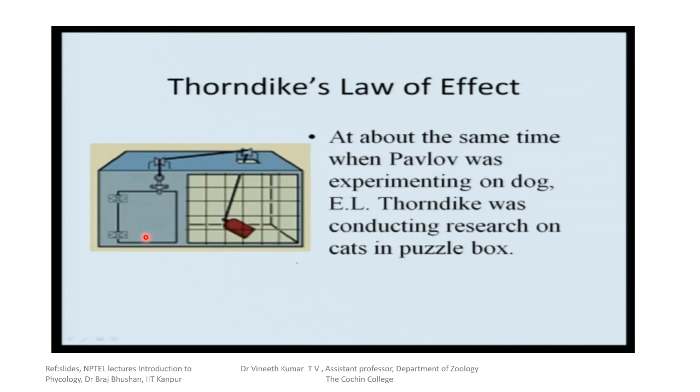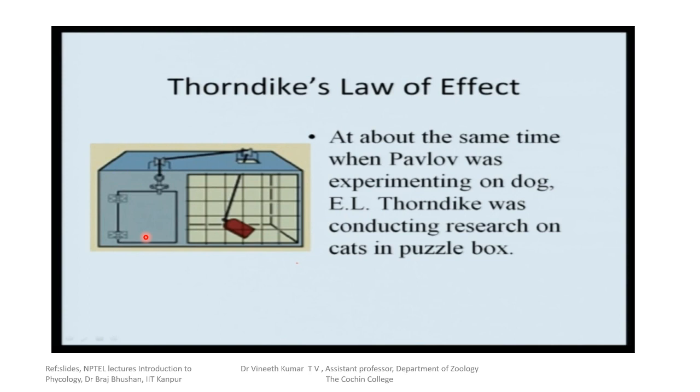This was repeated many times. Thorndike observed that after one, two or three trials, once the cat is caged inside, it soon goes to the lever and presses it, expecting that the door would open and it can come outside.